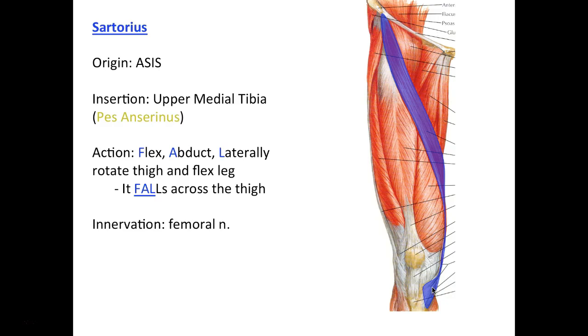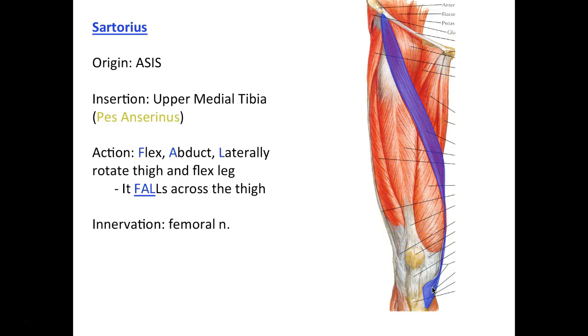You could do this along with me in the video: you're going to flex at your thigh. You're going to abduct and laterally rotate your thigh. Now at this point, let's complete it and flex the leg. So you're sitting cross-legged, or I know in kindergarten class they would call this Indian style. So you're sitting with your legs crossed.